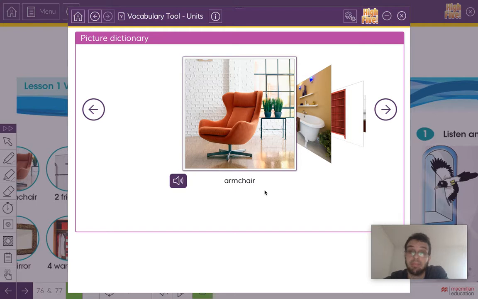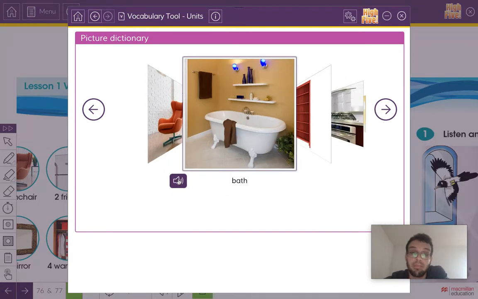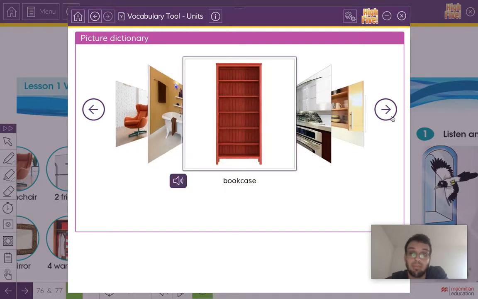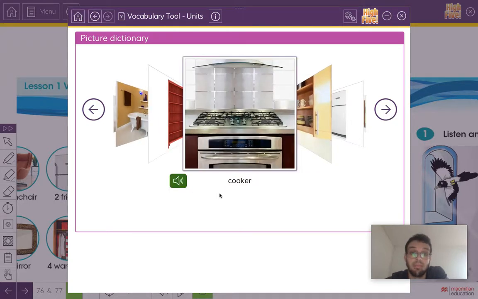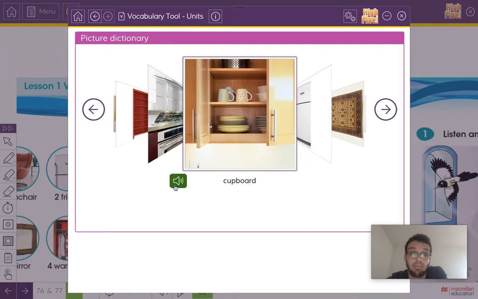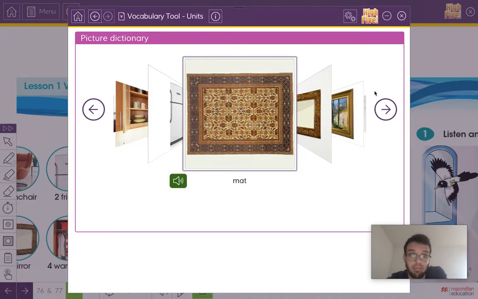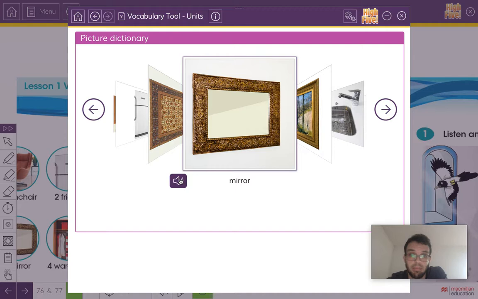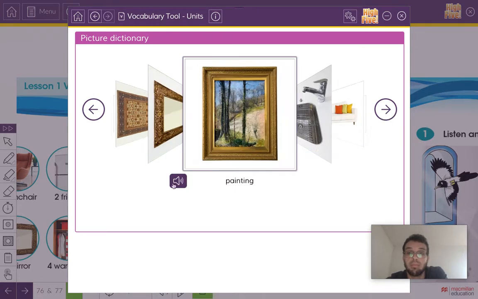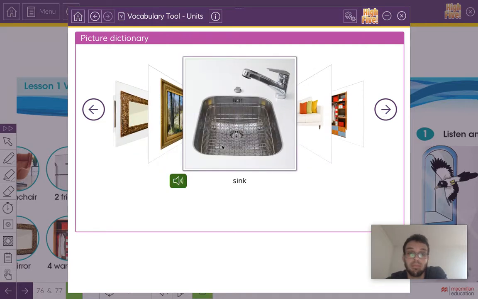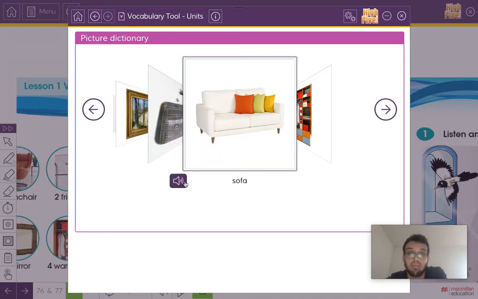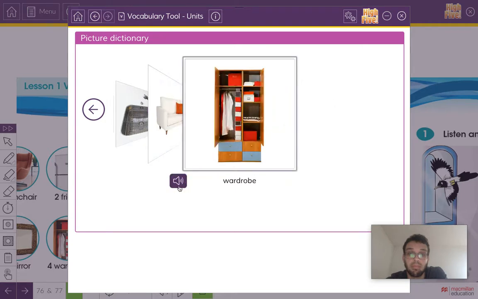Armchair, bath, bookcase, cooker, cupboard, fridge, mat, mirror, painting, sink, sofa, wardrobe.